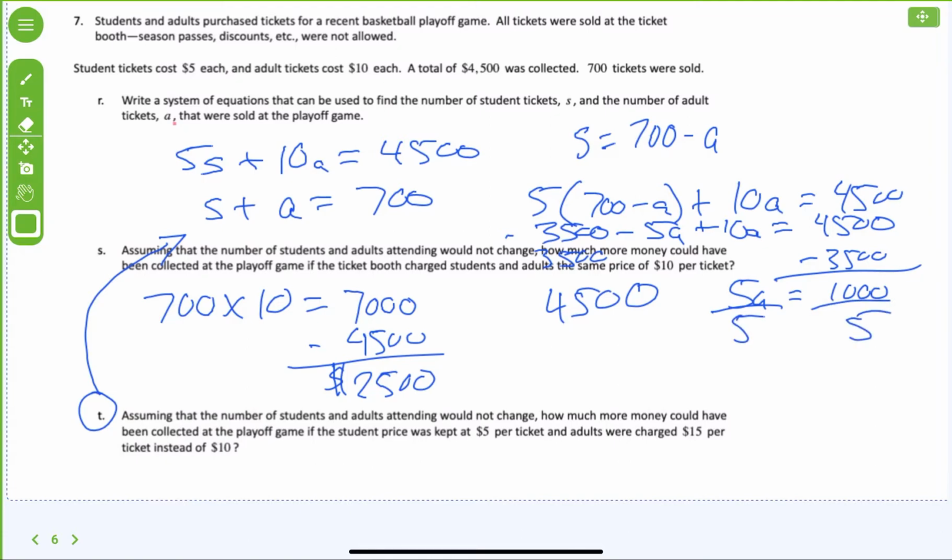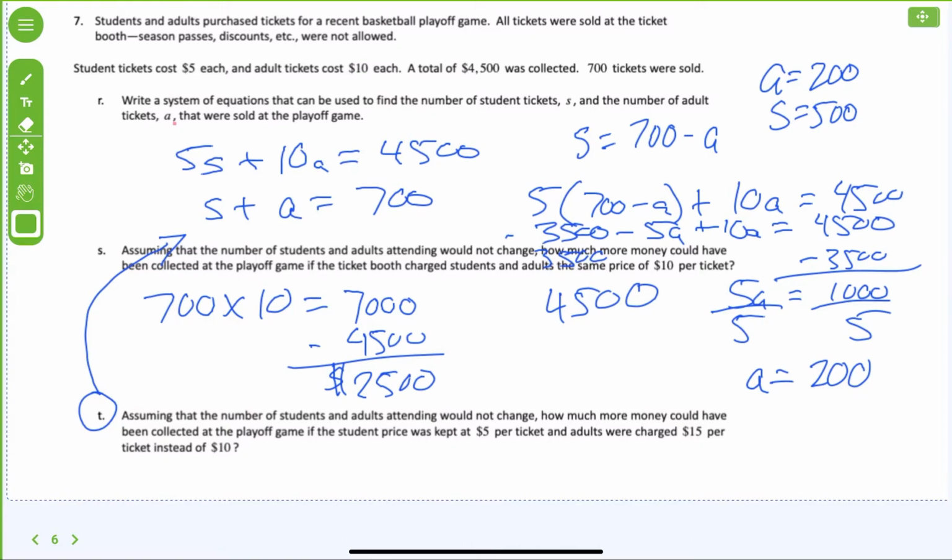Divide by 5, divide by 5. 1,000 divided by 5, A is 200. So if A is 200, what does S got to be? 500. Okay. So if A is equal to 200, S is equal to 500.